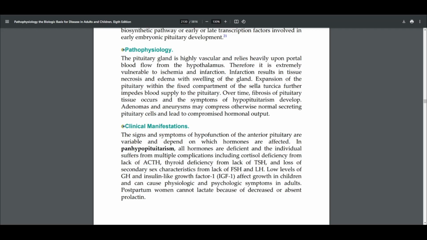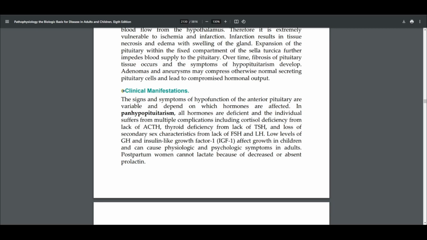Expansion of the pituitary within the fixed compartment of the sella turcica further impedes blood flow supply to the pituitary. Over time, fibrosis of pituitary tissue occurs and symptoms of hypopituitarism develop. Adenomas and aneurysms may compress otherwise normal secreting pituitary cells and lead to compromised hormonal output.